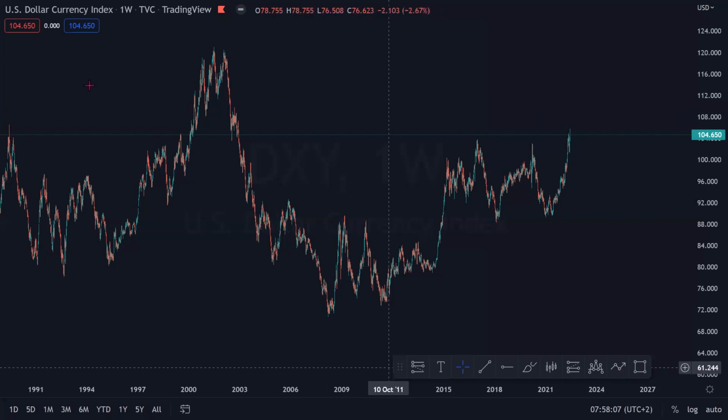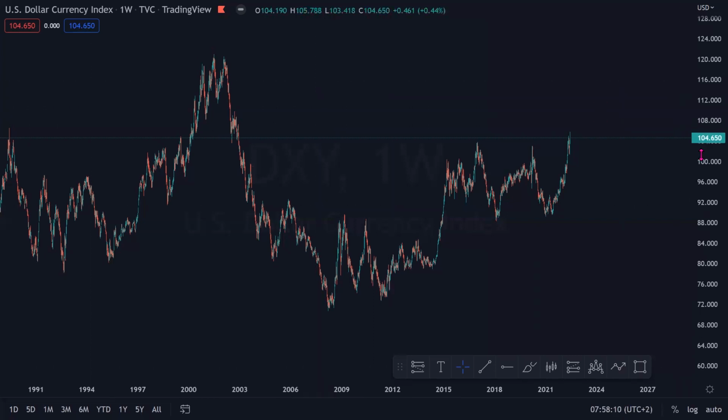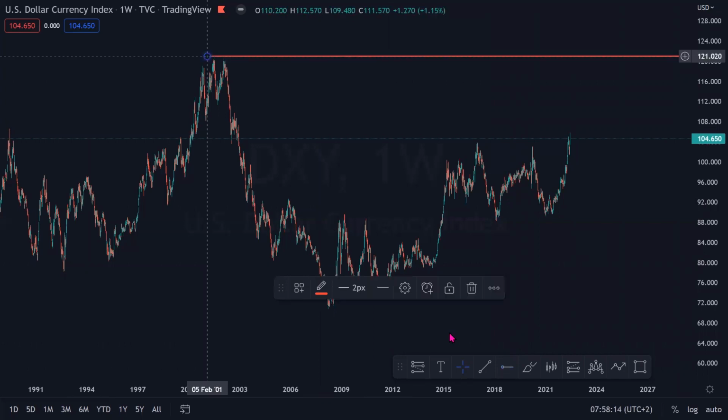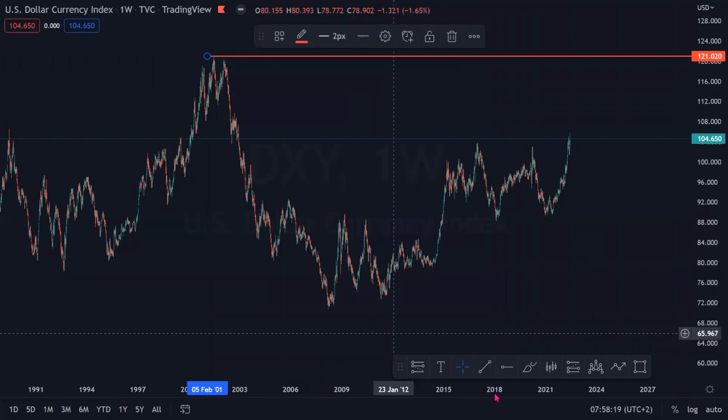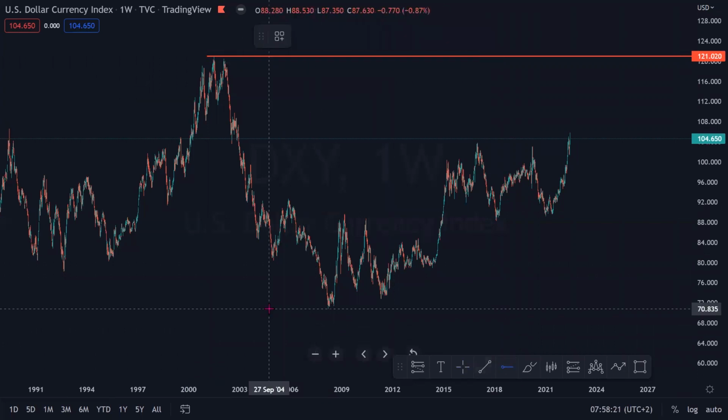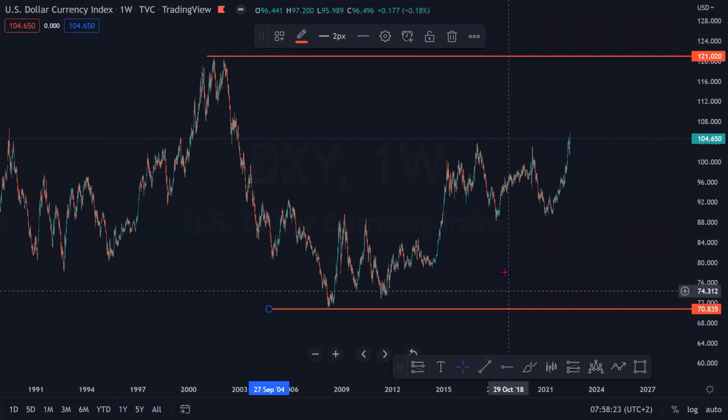Now we are on a weekly time frame. You know the basics: you mark your higher high, and you mark your lower low.